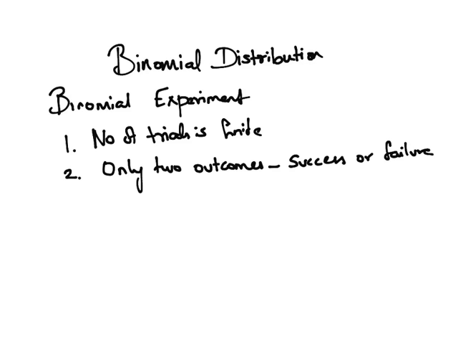Or I can also consider getting a prime number as a success. That means 2, 3 and 5 are prime numbers, so that can be considered a success. Then the failure will be not getting a prime number, that means 1, 4 and 6. So even tossing a die, we can consider that there are only 2 outcomes.